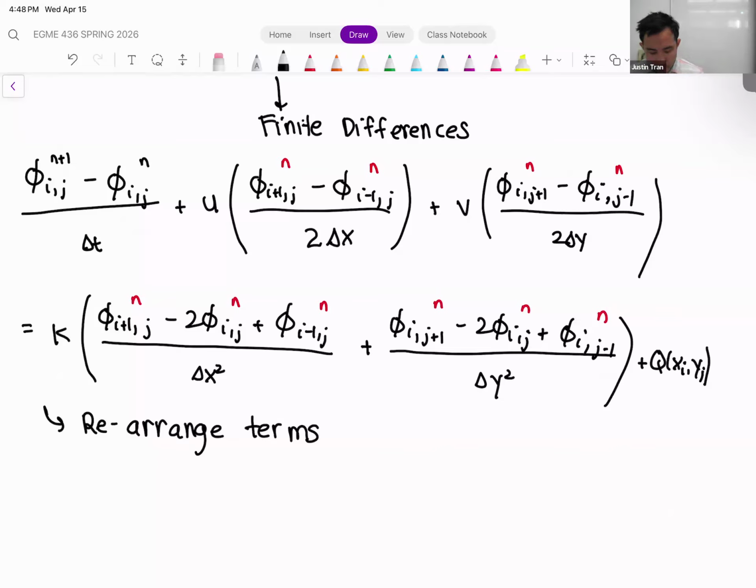In particular, we want to isolate the n+1 term on the left-hand side, and there's only one here, right? So we're going to isolate the n+1 term on the left-hand side, and then everything that's evaluated at n, we're going to move to the right-hand side.